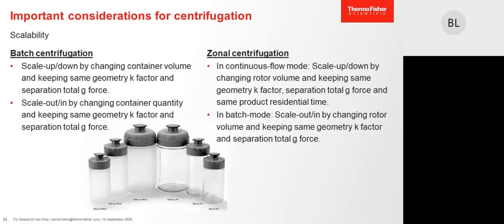The advantage is that the small scale will be very equivalent to the large scale. In case of zonal centrifugation or continuous flow, then it's a matter of changing the flow rate and keeping the G-force and the K-factor equivalent.